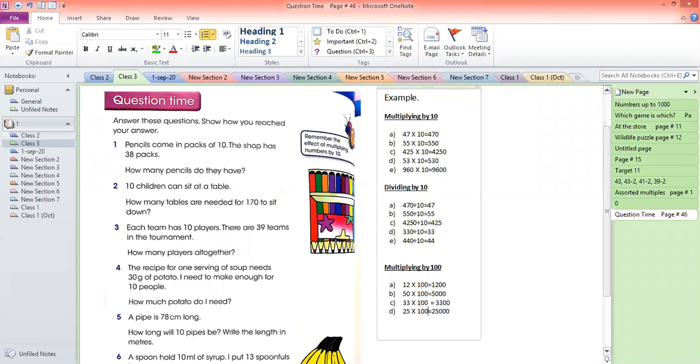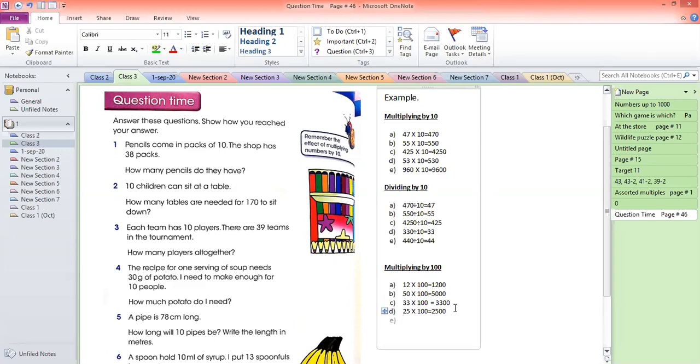There are two zeros. You are multiplying it by 100, so you have to add two zeros. So it is 2,500. It is not 25,000. But some of you, mostly you students, said correct. They said 2,500.